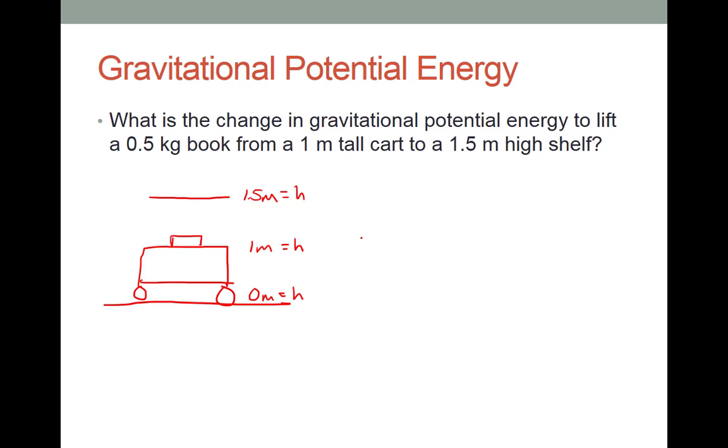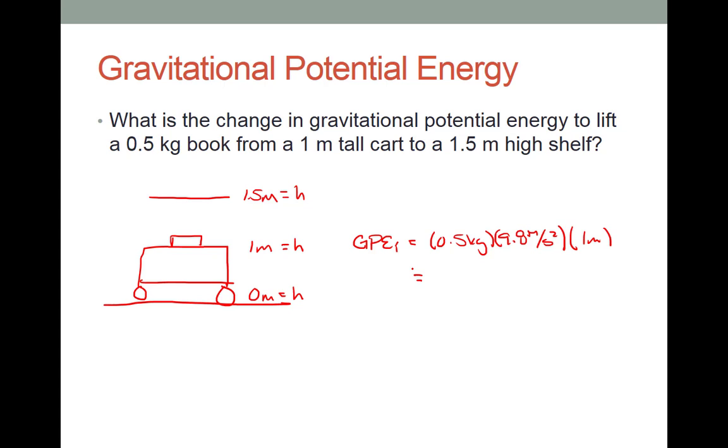So at our initial height, GPE initial, we have m, which is 0.5 kilograms, times g, which is 9.8 meters per second squared, times h, which is 1 meter.